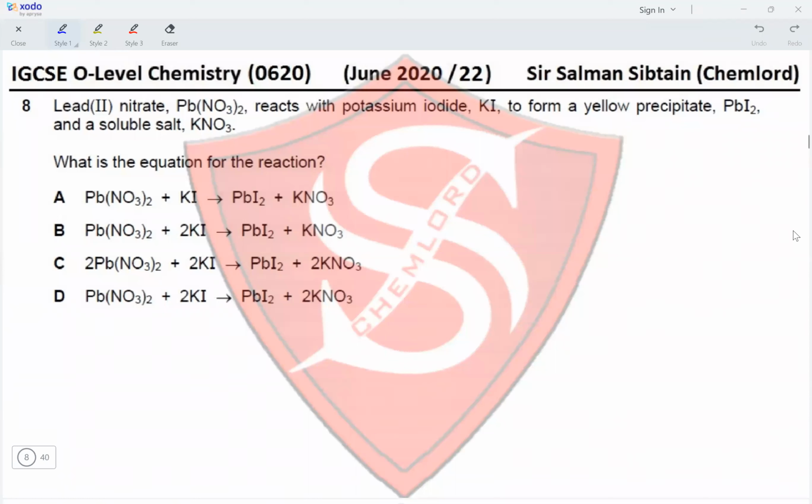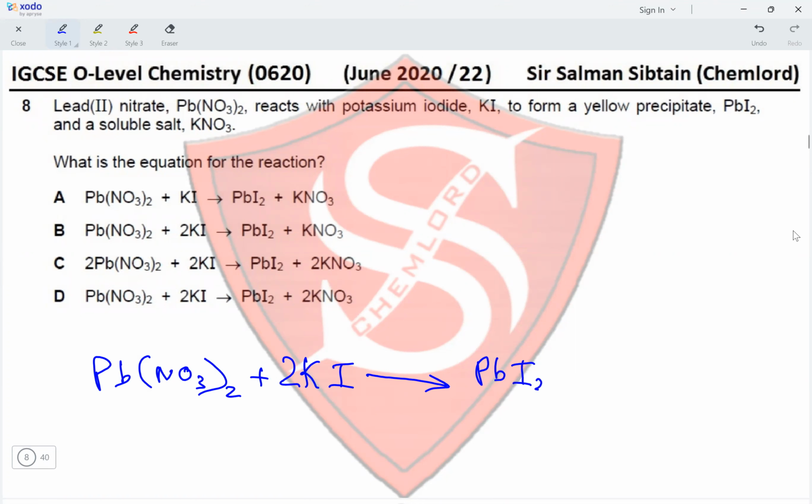Question 8. Lead 2 nitrate reacts with potassium iodide to form a yellow precipitate of lead iodide and a soluble salt KNO3. What is the equation for this reaction? So let's write it. Pb(NO3)2 will react with KI, so we will need 2 moles of KI. And this will give us PbI2, which is a solid, a yellow precipitate, and potassium nitrate.